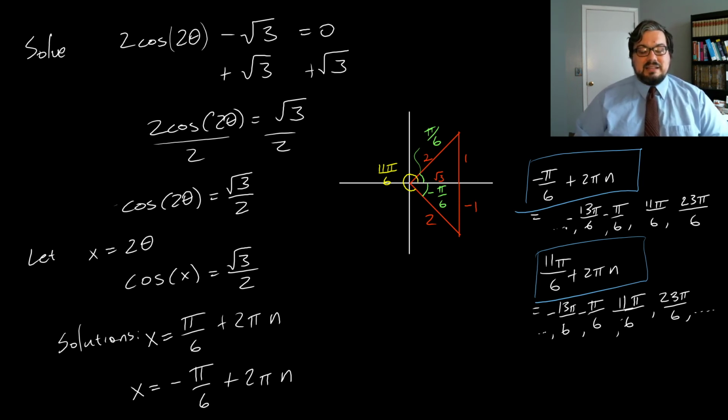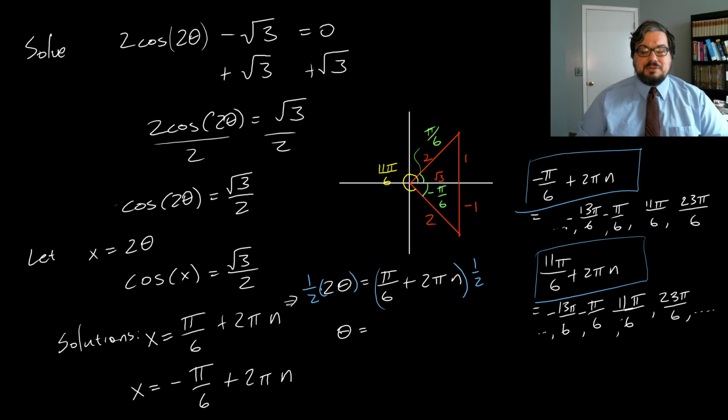So if x equals pi over 6 plus 2 pi n, and x is equal to 2 theta, that means 2 theta equals pi over 6 plus 2 pi n. So now to solve for theta, we'll multiply both sides by 1/2, because that will cancel out with the 2 that's being multiplied by theta.